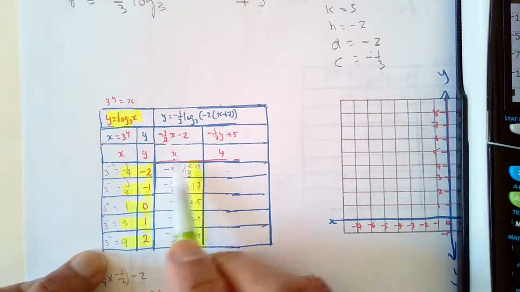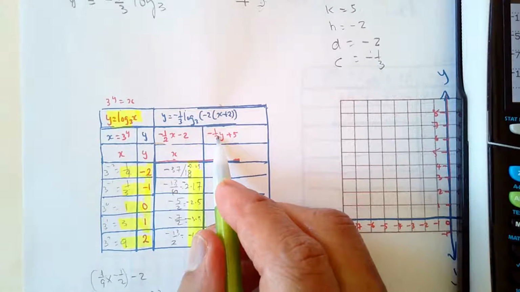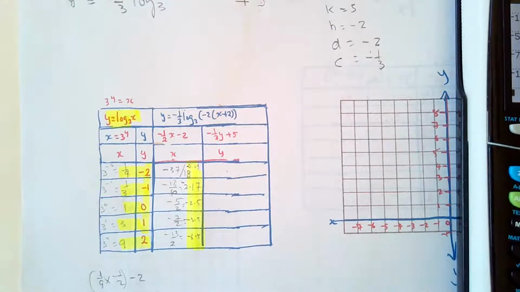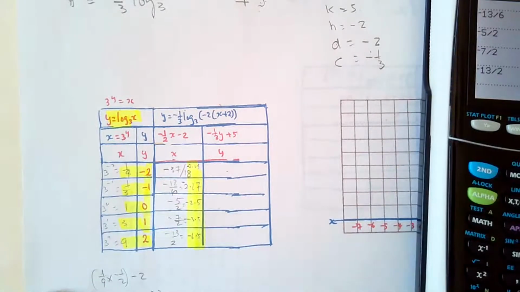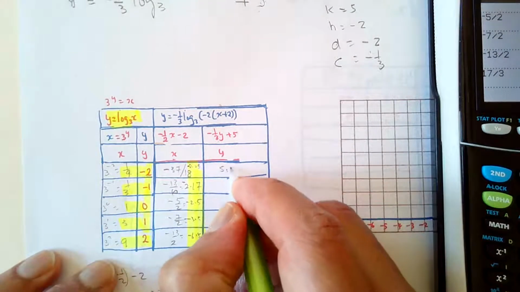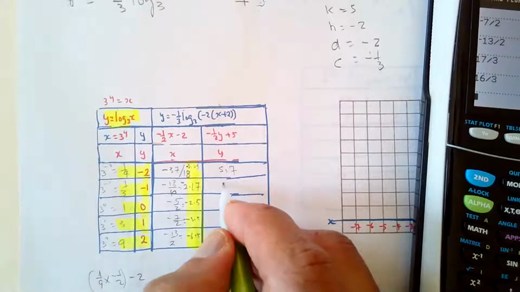Then we look at our y. We have negative 2 times 1/3 gives us positive 2/3 plus 5, which gives me 17/3. 17 divided by 3 gives me 5.7. The next one will be 16/3, which gives me 5.3.